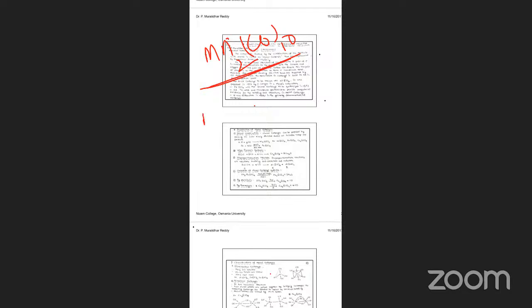The atomic number of manganese is 25, and the electron configuration is argon 4s2 3d5. So how many vacant orbitals does manganese contain, and how many orbitals contain electrons?